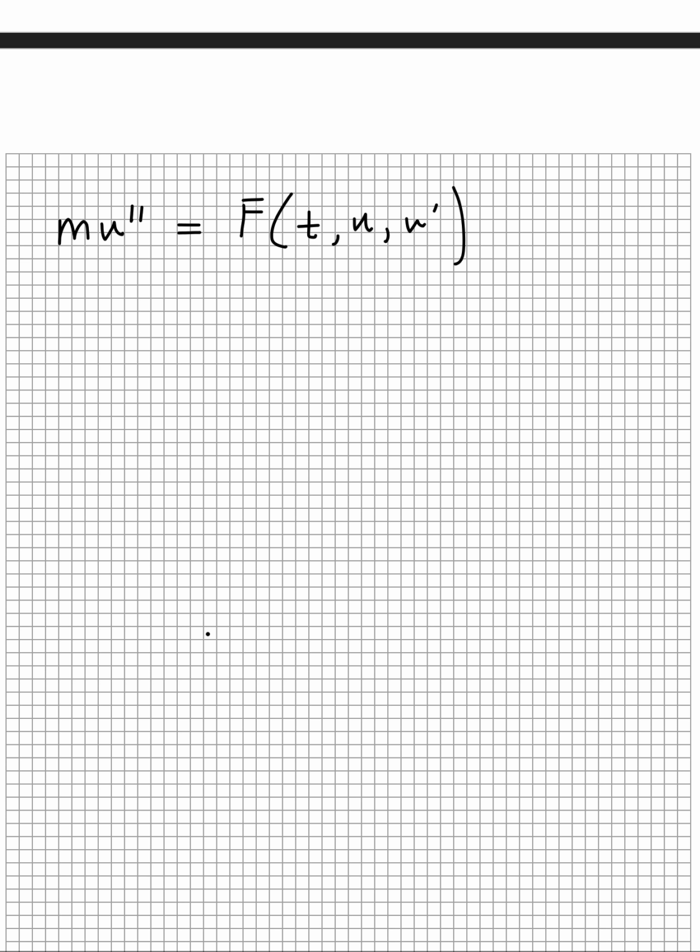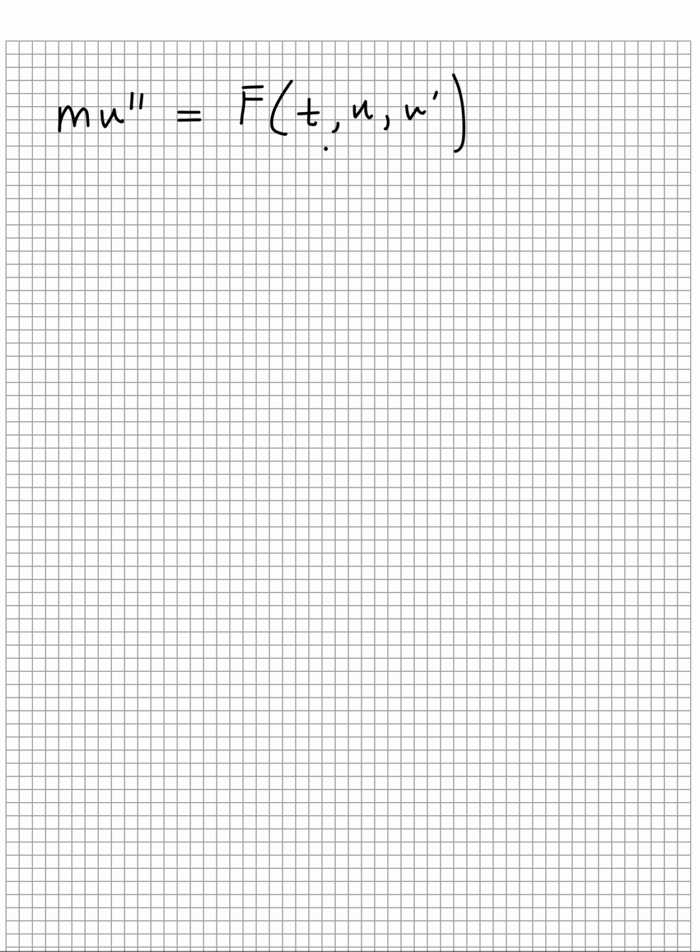And so Newton's second law becomes m u double prime equals capital F of t, u, u prime. Force is very much a vector, so this is a three-dimensional vector.